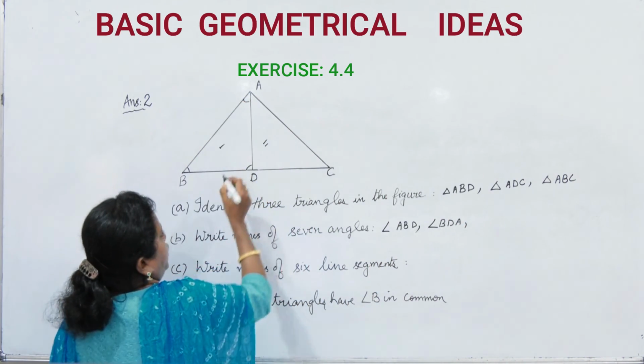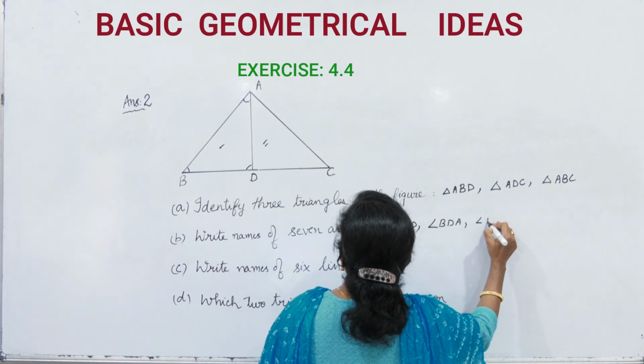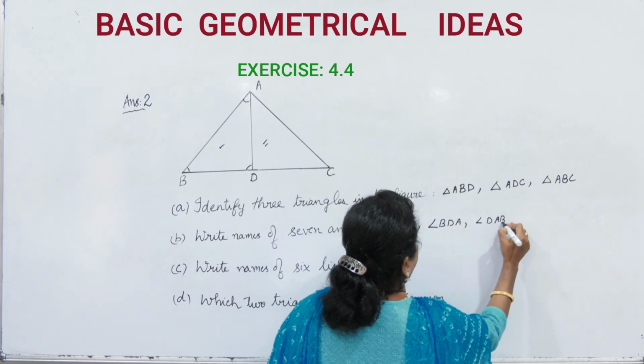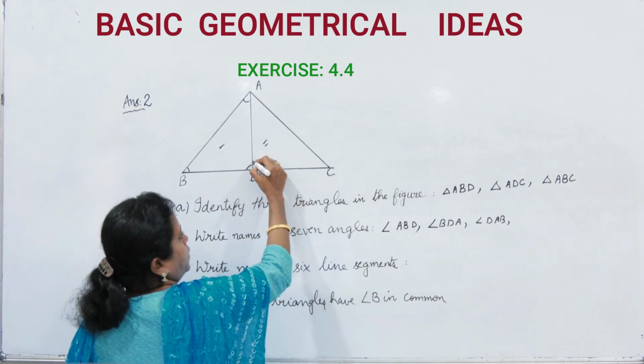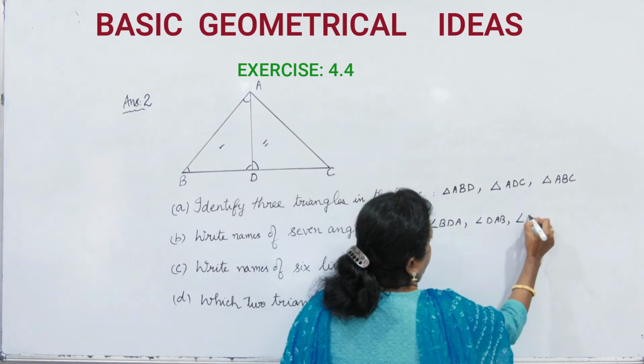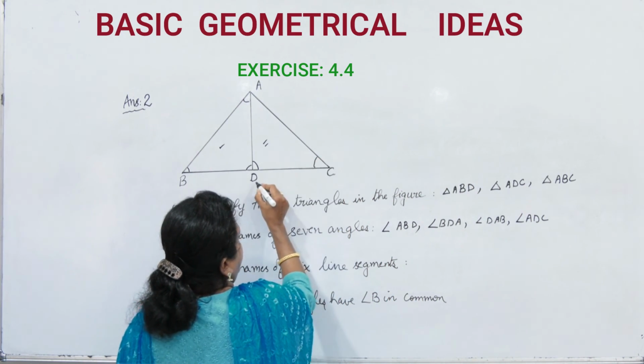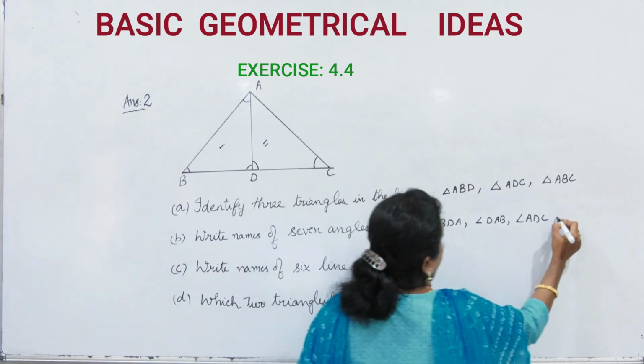If this part of A you have to name, you will name it as angle DAB. In this triangle, if you have to name this angle, you will name it as angle ADC.